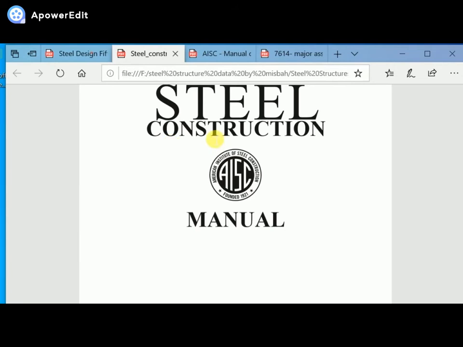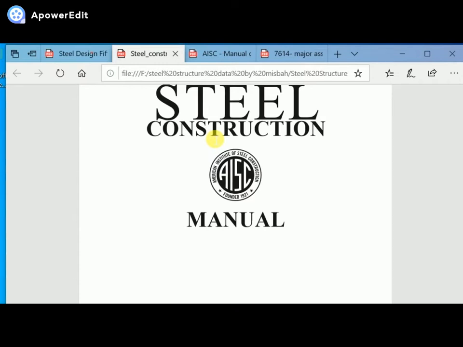So you must remember that in steel structures we use these manuals, and you must be the master of using these manuals. You must know about each chapter, where the beam chapter is, where the column chapter is.